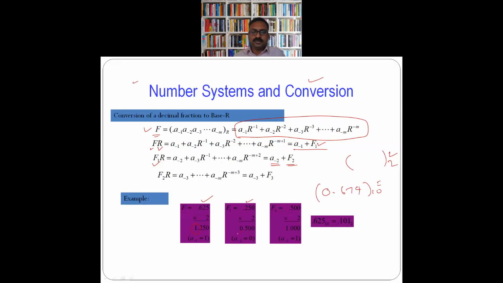Here now this 0 is the carry, you take 0.5 into 2, you will get 1.0. This 1 is again the carry. So we will write this, the first one is 101. This is nothing but the binary equivalent of 0.625 in decimal.